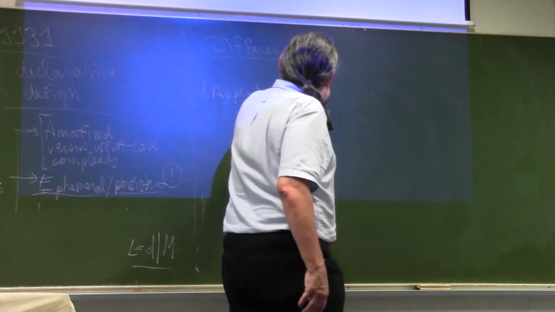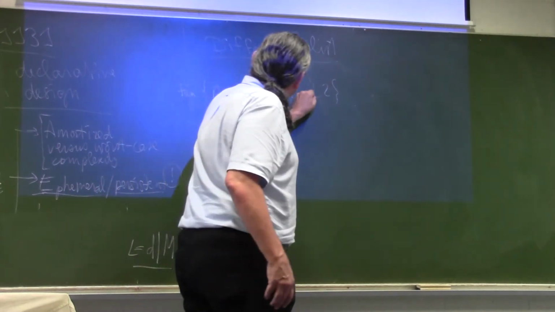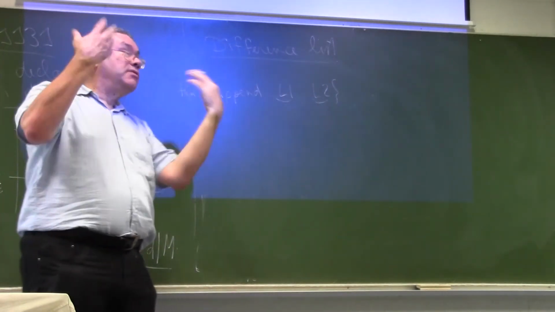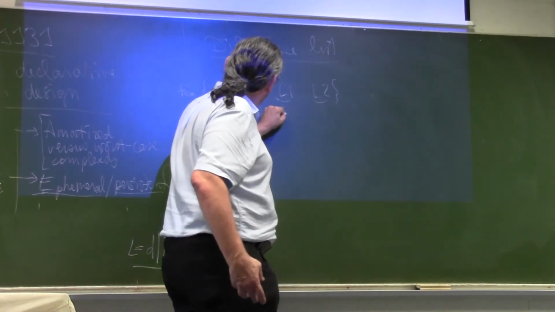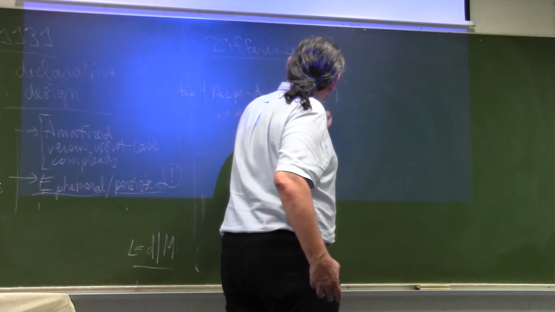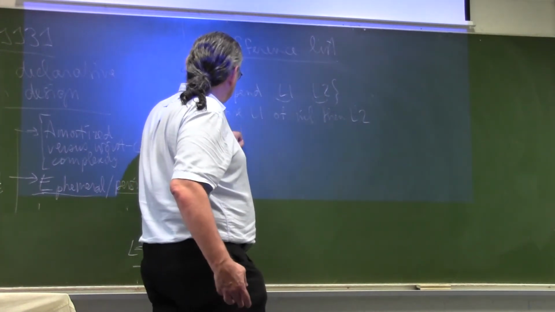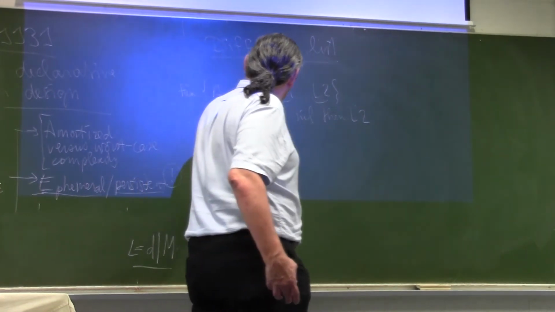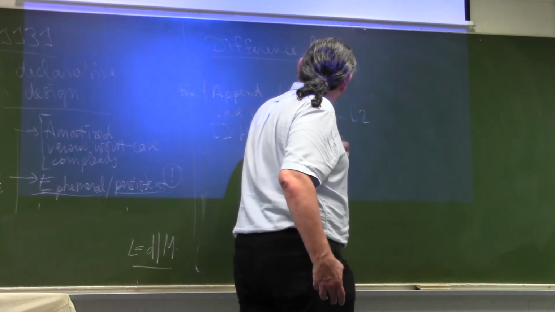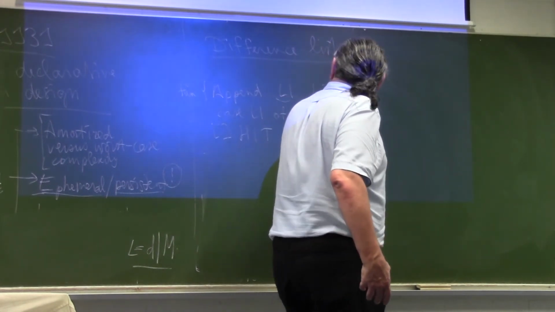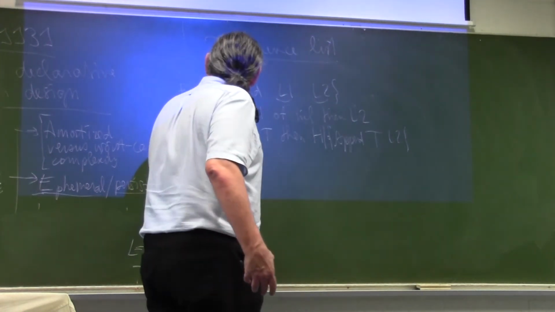Append L1, L2, which combines two lists and builds a new list, and it looks like this: L1 of nil, then L2, otherwise H bar T, then H bar append T L2. So this is append.